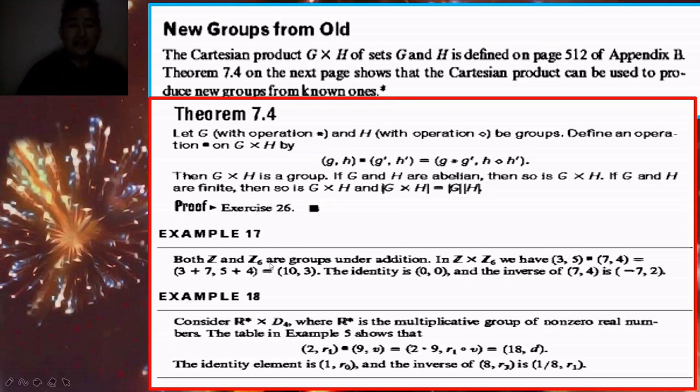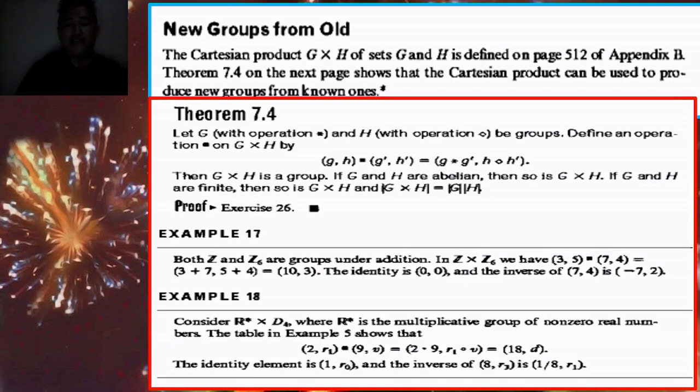Okay. Unsa man ang order ani? Abelian ba ni siya o dili? Abelian ni, kay abelian man ang Z ug ang Z6. So abelian groups ni sila. Next, finite ba ang G ug ang H? Si Z kay di man siya finite, infinite man ni. Si Z6 kay finite, kay from 0 to 5 ra man ang elements: 0, 1, 2, 3, 4, 5.